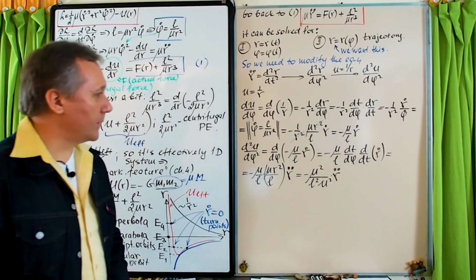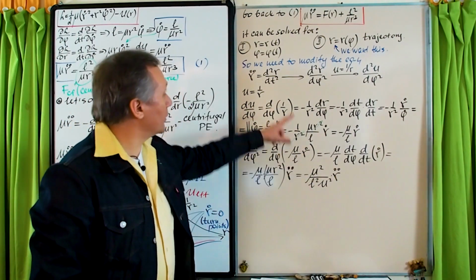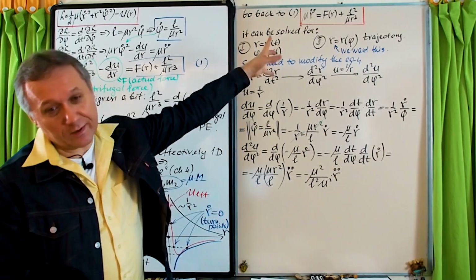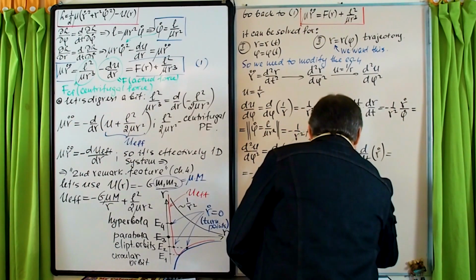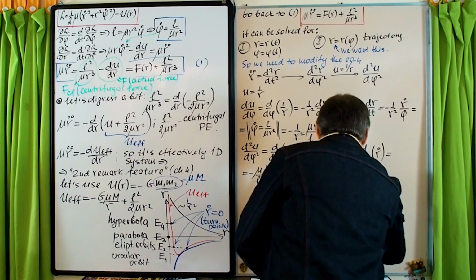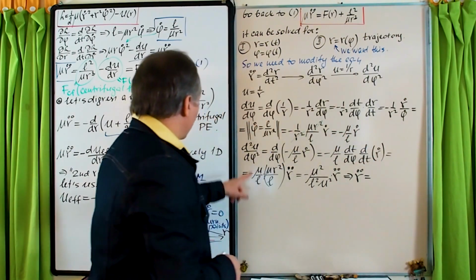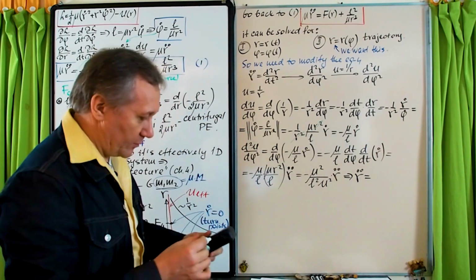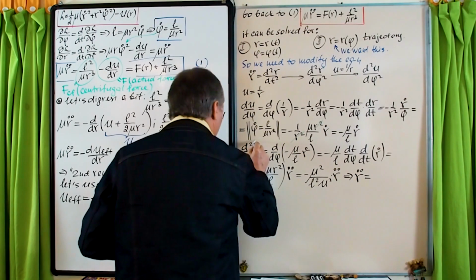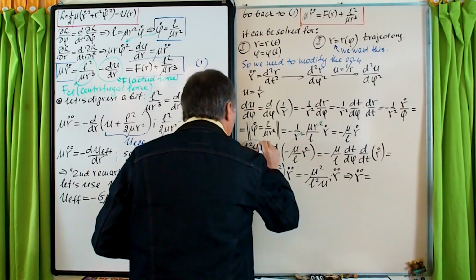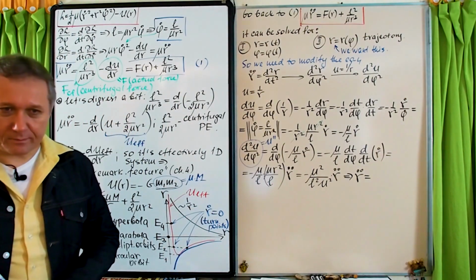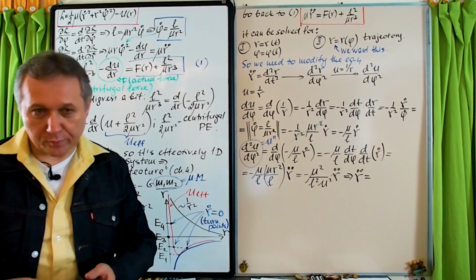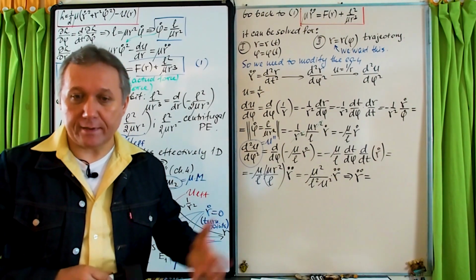Okay, so now let's solve it for r double dot in order to insert it in our differential equation. Right. So, of course, from here, r double dot will be equal to, let me write, I don't want to write this complicated, I will just use u double prime. Again, prime is the derivative with respect to phi in this case.